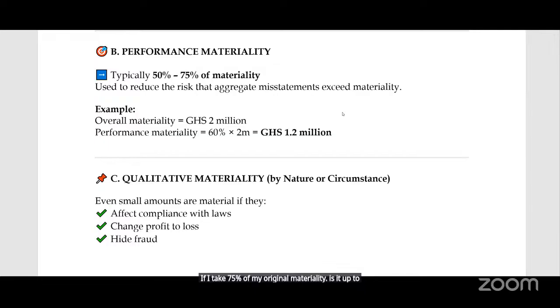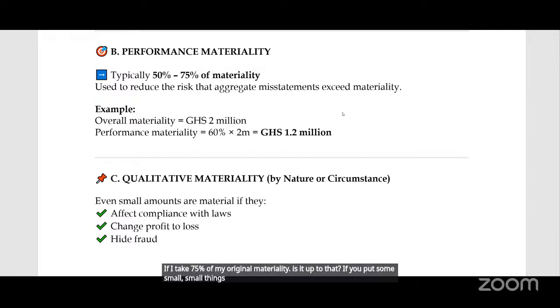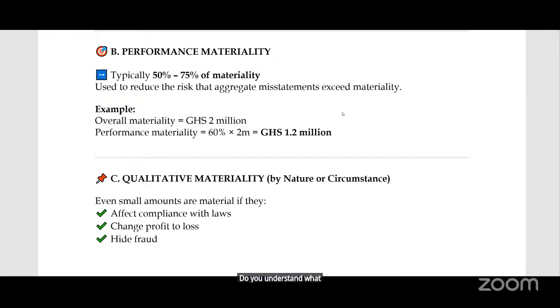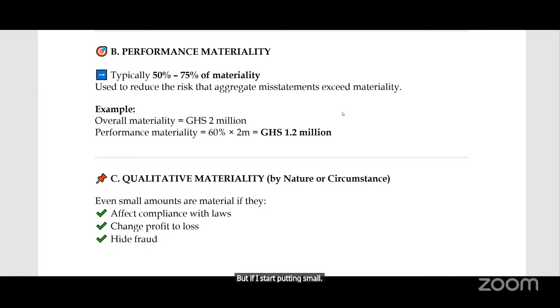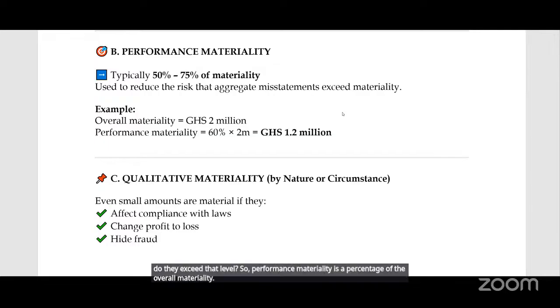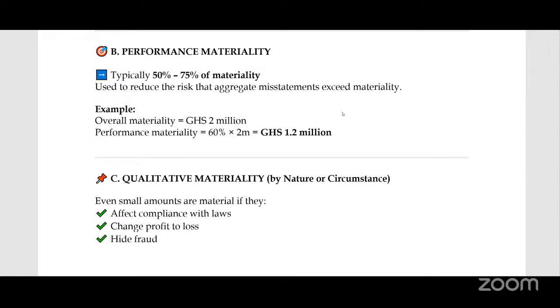If you put some small things together, do they exceed the 75%? Do you understand what I mean? Sometimes the thing overall is not material. But if I start putting small things together, do they exceed that level? So performance materiality is a percentage of the overall materiality. Do you understand? About 50 to 75%.